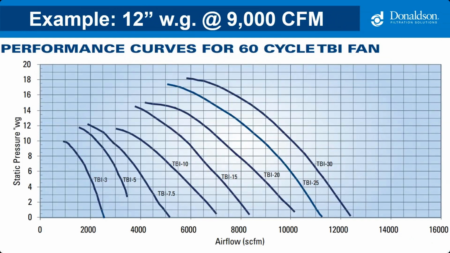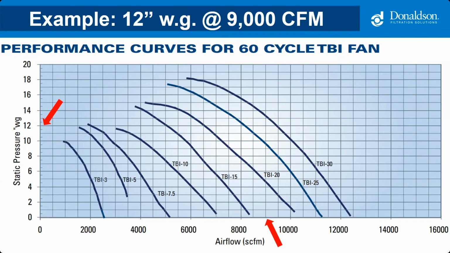Fans are sized based on the system's total static pressure and required airflow. Let's say that I need a fan, for example, and I gave you 12 inches water gauge, and the airflow is at 9,000 CFM. We use the system static pressure of 12 inches and line it up with the airflow at 9,000 CFM.